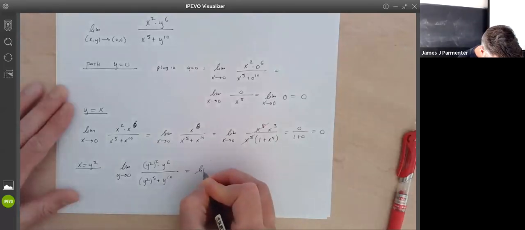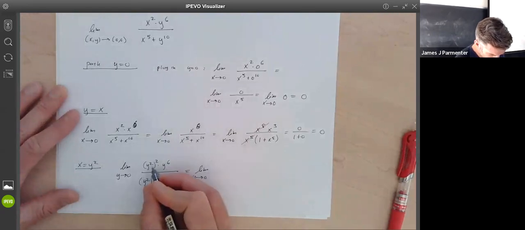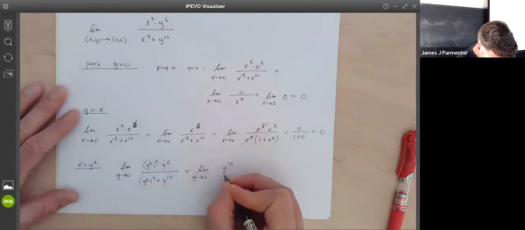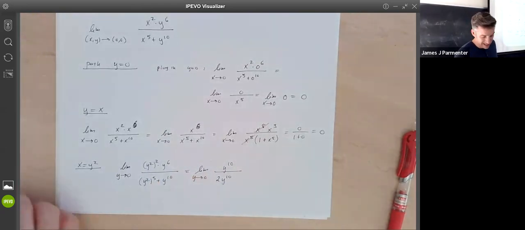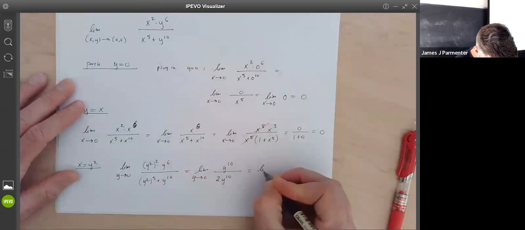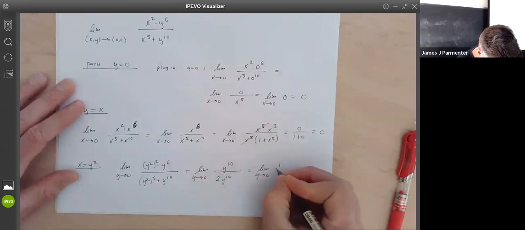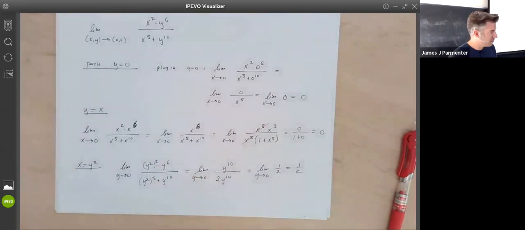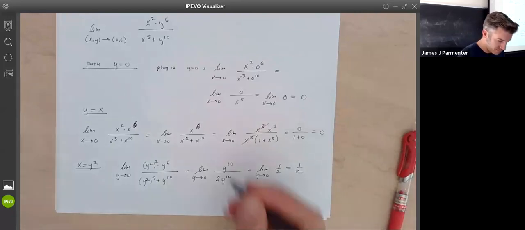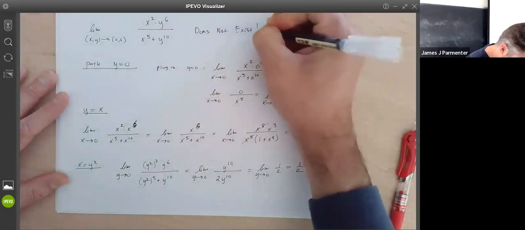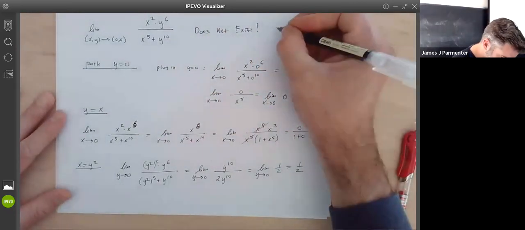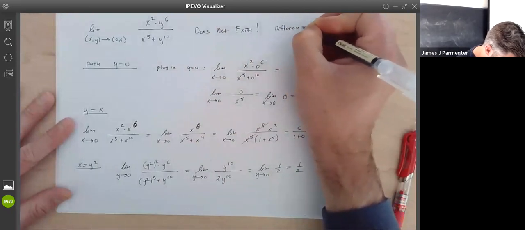I'm going to get the limit as y goes to 0 of y to the 4th times y to the 6th, which is y to the 10th, over y squared to the 5th, which is y to the 10th, plus another y to the 10th, giving me a 2y to the 10th. And then those y to the 10ths get to cancel. So I really just have the limit as y goes to 0 of 1/2, which is 1/2. And since those limits aren't the same, we can see that the limit doesn't exist. Different paths that give different values.